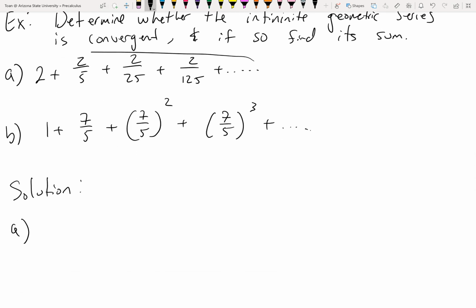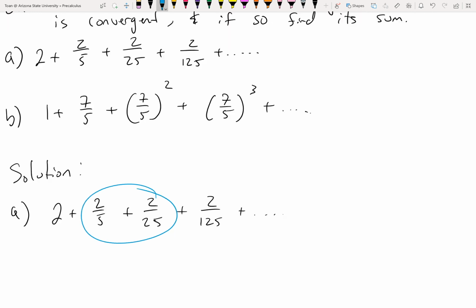So this guy here, letter A, finding the r might be difficult for some people. To me, it's pretty straightforward. But remember, if you can't see what the r is, you just pick two terms that are next to each other. It doesn't matter which two you pick. So I'm just going to randomly pick these two here, just to prove a point.